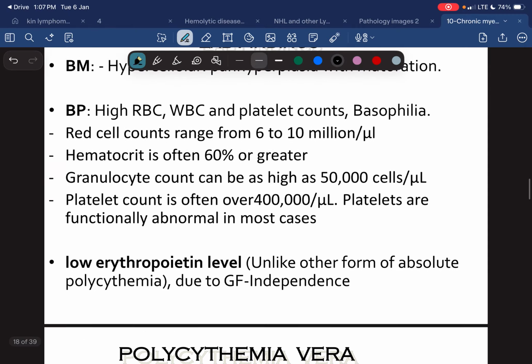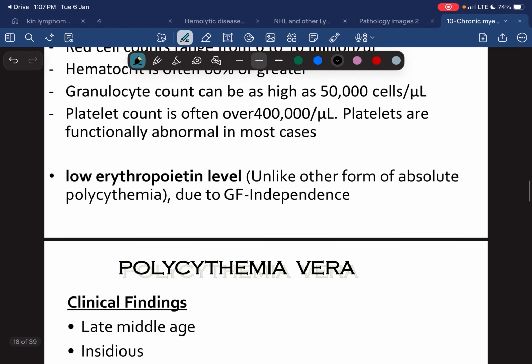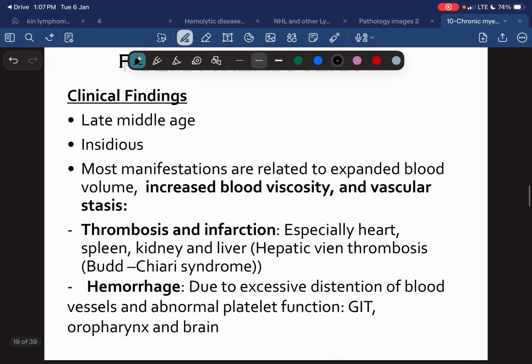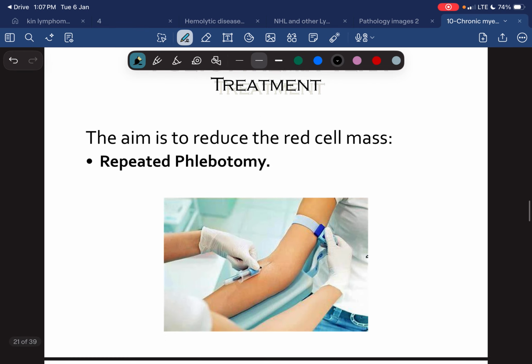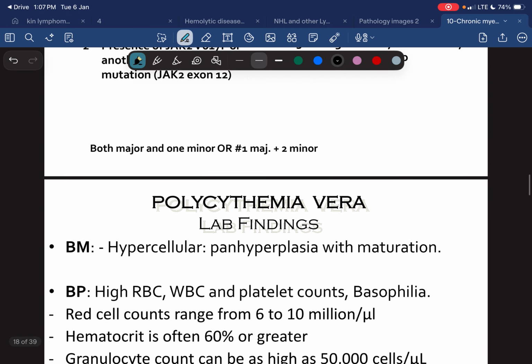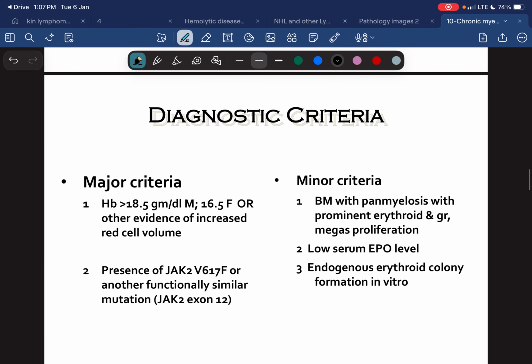To diagnose polycythemia vera, the major criteria are hemoglobin more than 18.5 in males and 16.5 in females, and presence of JAK2 mutation.